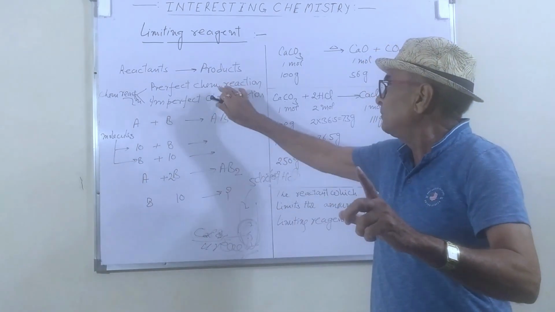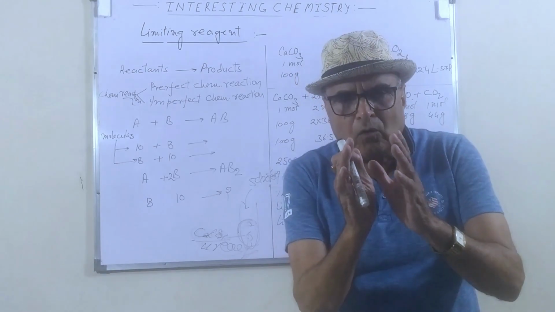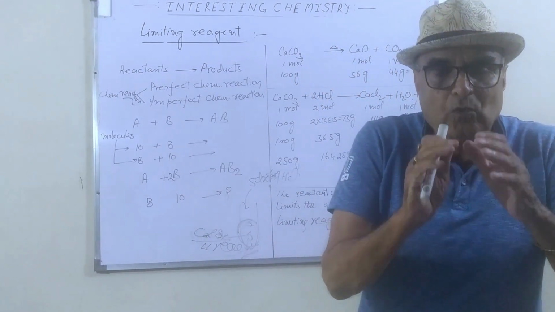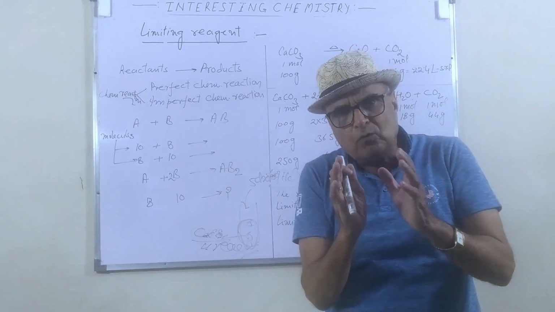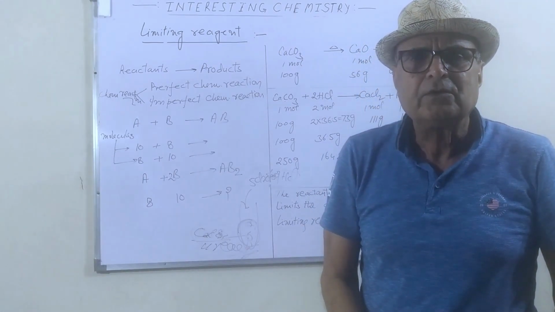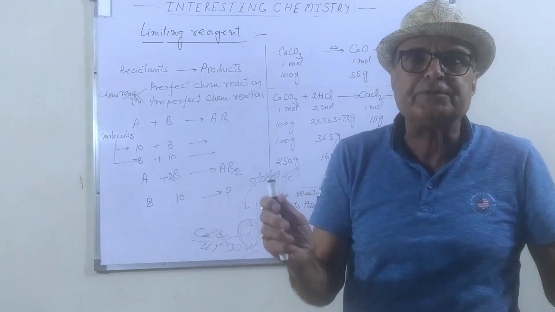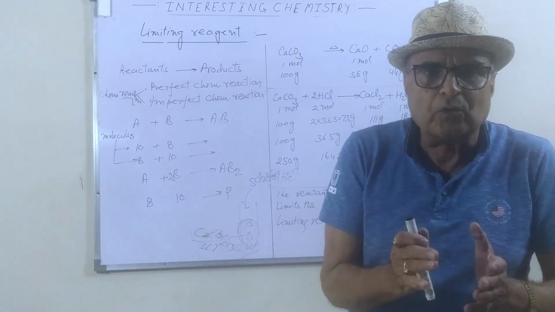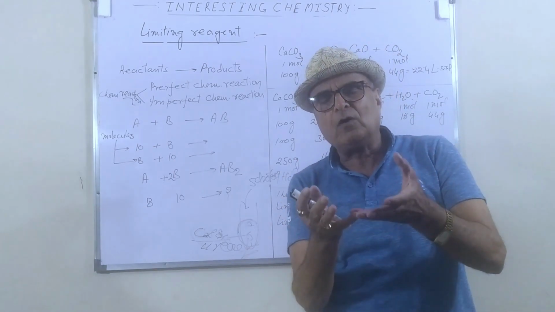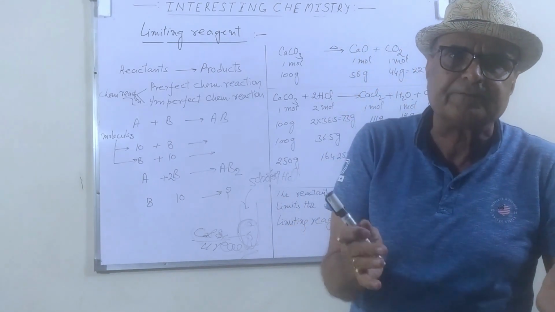But for the perfect chemical reaction, you should take the amount according to the balanced chemical equation, or you can say the amount of the reactants must be taken as required by the balanced chemical equation, because the balanced chemical equation tells about all the stoichiometric information of that reaction.